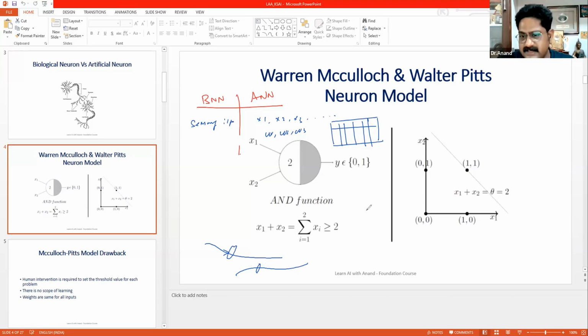We know from basic electrical engineering or basic physics that whenever current flows in a semiconductor or a copper wire, it always offers resistance, right?